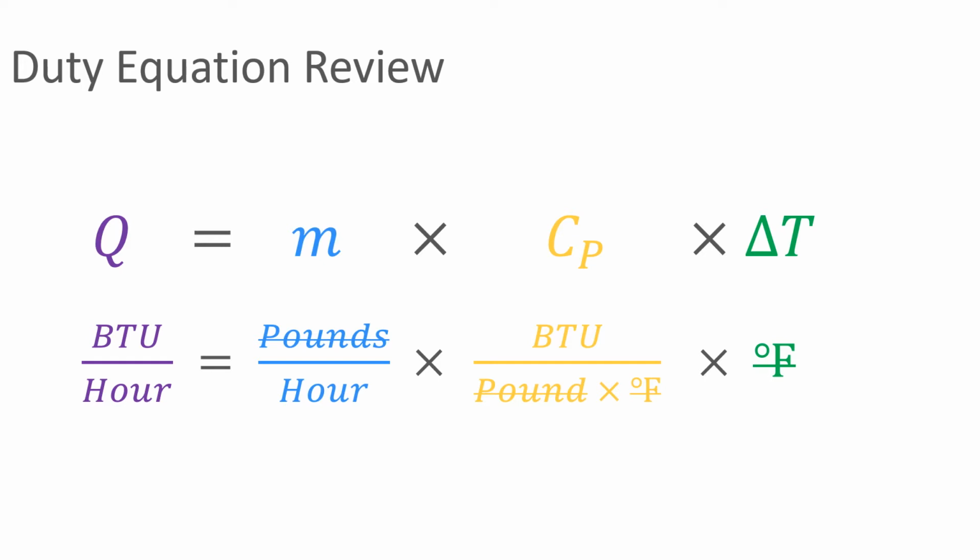So pounds per hour times BTUs per pound per degree Fahrenheit times degrees Fahrenheit gives you BTUs per hour.